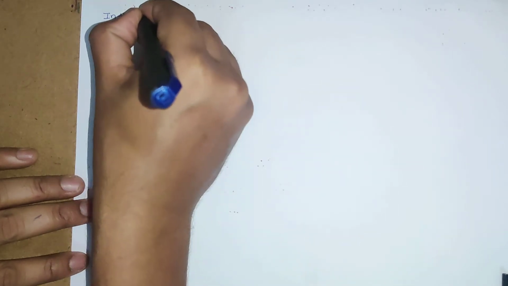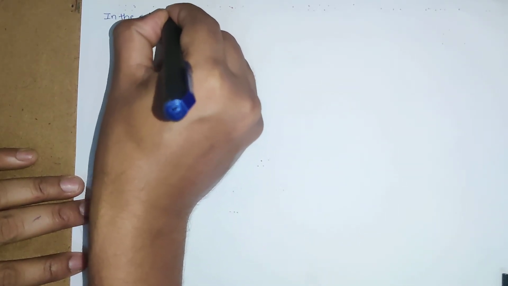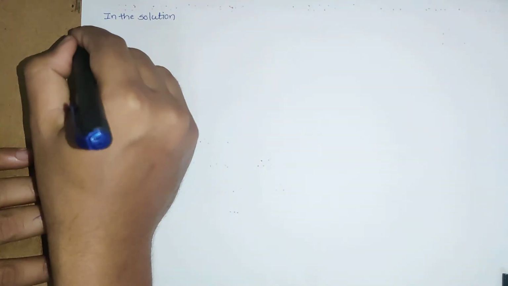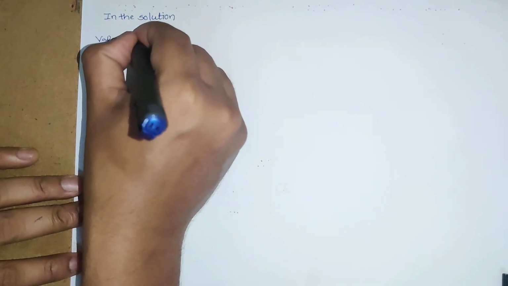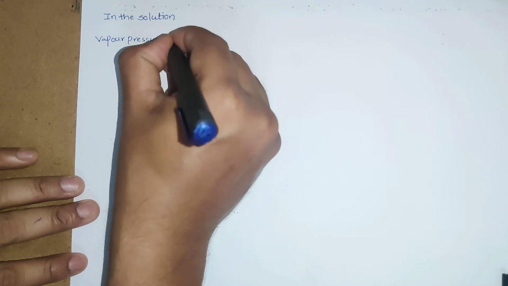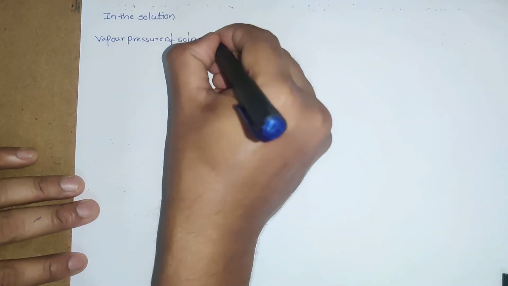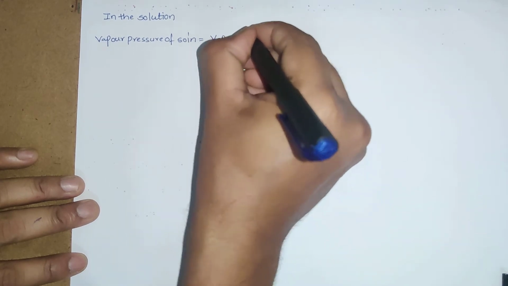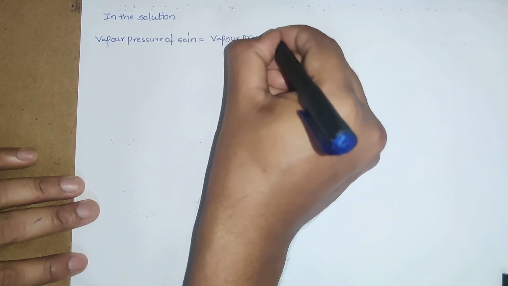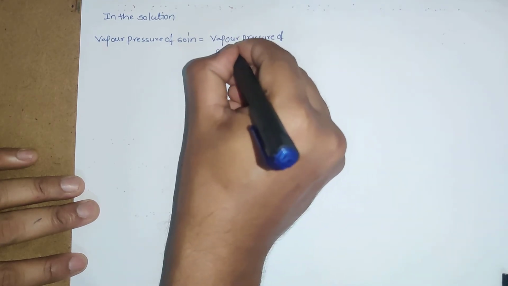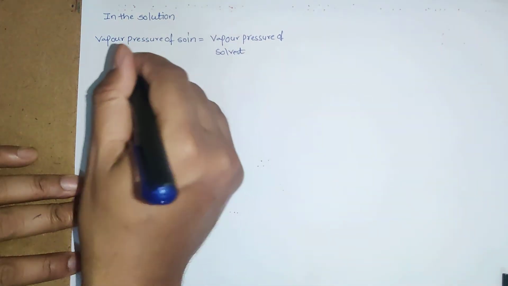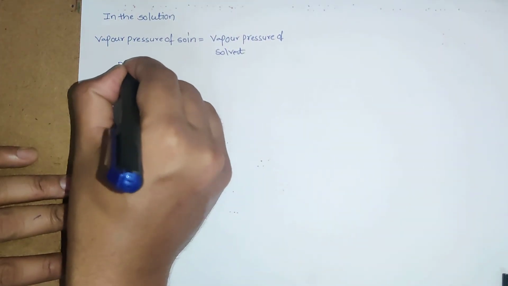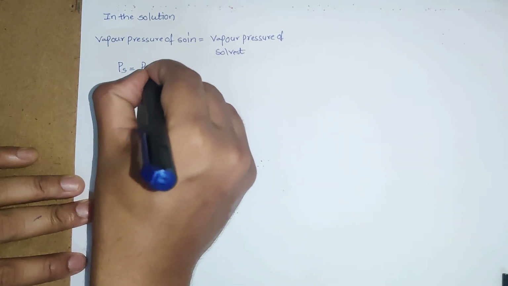So now, the vapor pressure of the solution is equal to the vapor pressure of the solvent, because the solute is non-volatile and its contribution is 0. What is the vapor pressure of the solution? We write PS is equal to the vapor pressure of the solvent, PA.